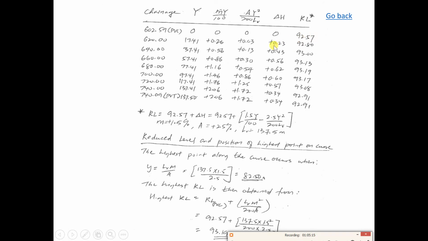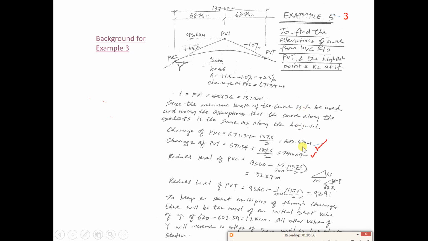This one add 0.23, you get this; 92.57 plus 0.43, you get this one; 92.57 plus 0.56, you get this one. So you get the reduced levels, and the last one is 92.91. It should be the same as the 92.91, which we have done for the reduced level at PVT previously.